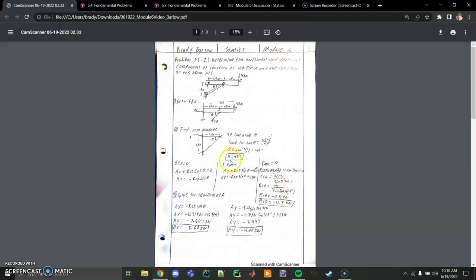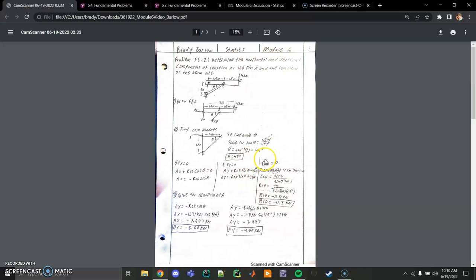Then I set up the summation of Fy equals 0, where it's going to be my AY, RCD sine theta, plus the 4 kilonewtons from right here. But that still didn't give me the final answer I really needed. But it gave me what AX and AY could potentially be.